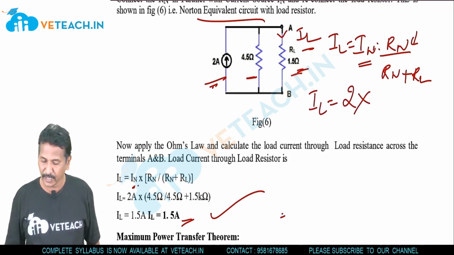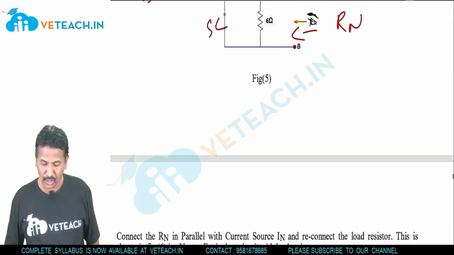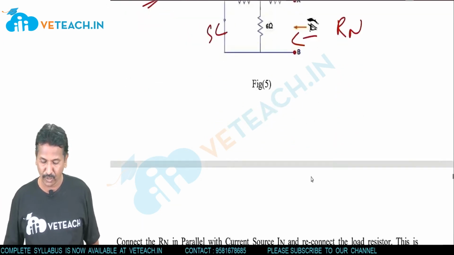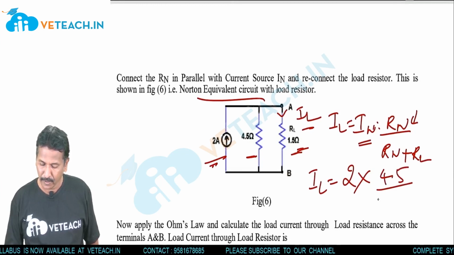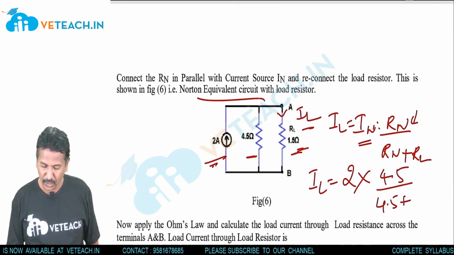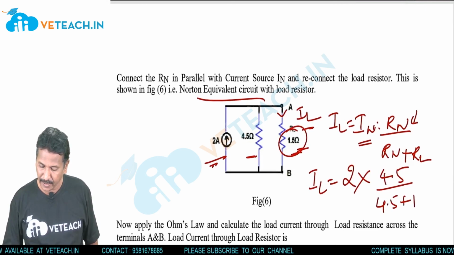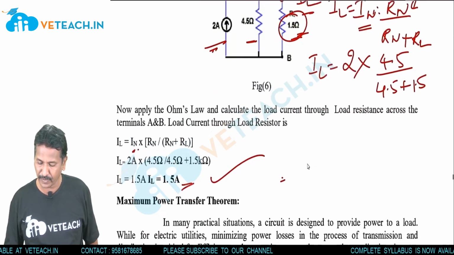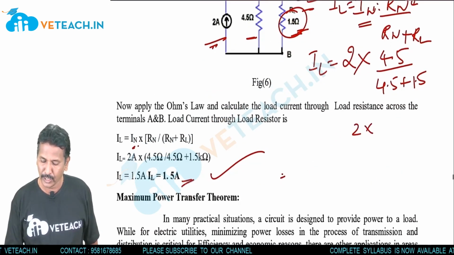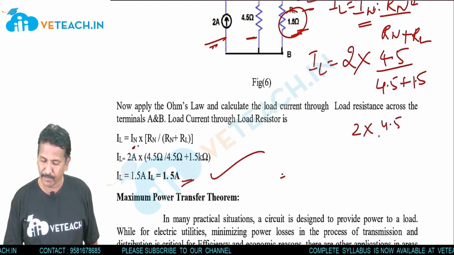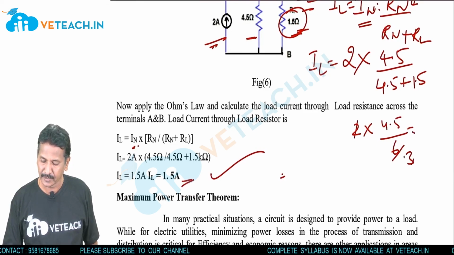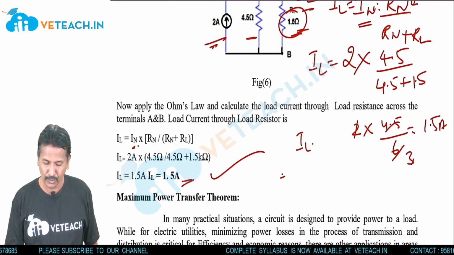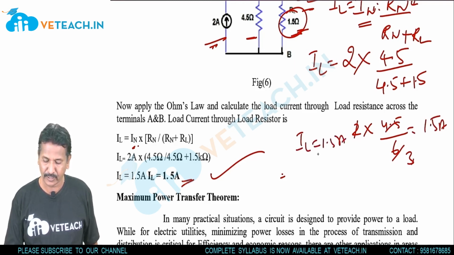Next, the new equivalent resistance, how much did you get? RN value is 4.5. By 4.5, the RN value. What is the RL value here? Here it is 1.5. So 2 into 4.5 by 4.5 plus 1.5, that is 6. So IL is equal to 1.5 amps.